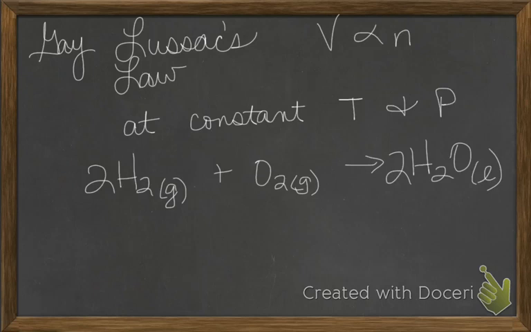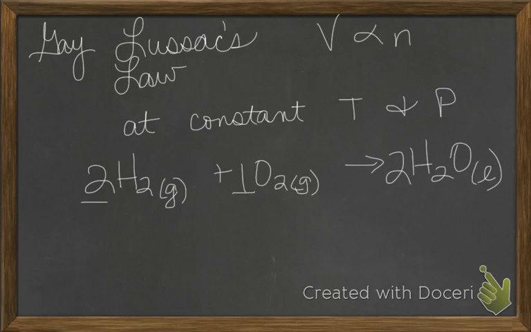If we're at constant temperature and pressure, and we know that these coefficients mean moles, I'm only going to be looking at comparing the hydrogen and oxygen because those are the gases in this equation. Water's a liquid, so we're not going to use Gay-Lussac's law here. But at constant temperature and pressure, these coefficients allow us to not only compare moles, but to convert that straight to volume.